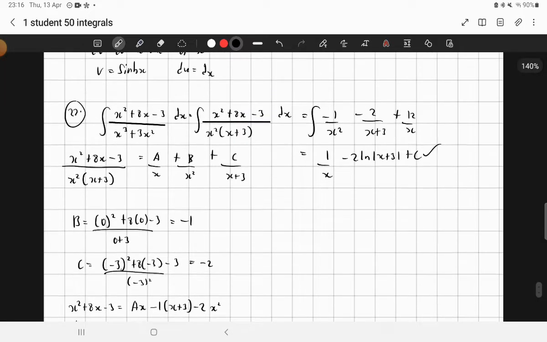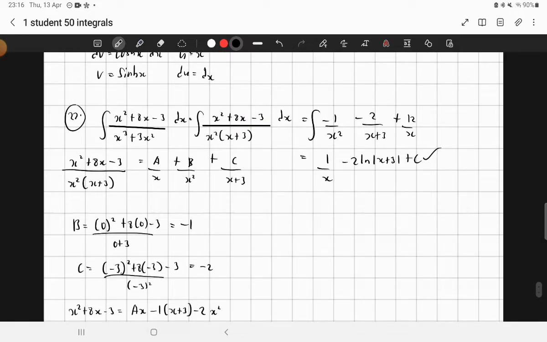This is not good. I don't know why. Did I forget something? x squared. Decomposition, -2, okay, 3. Wait.